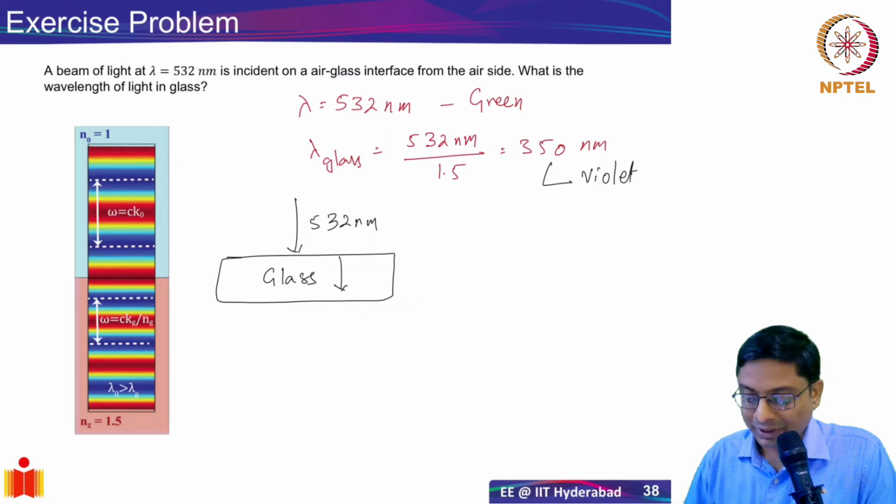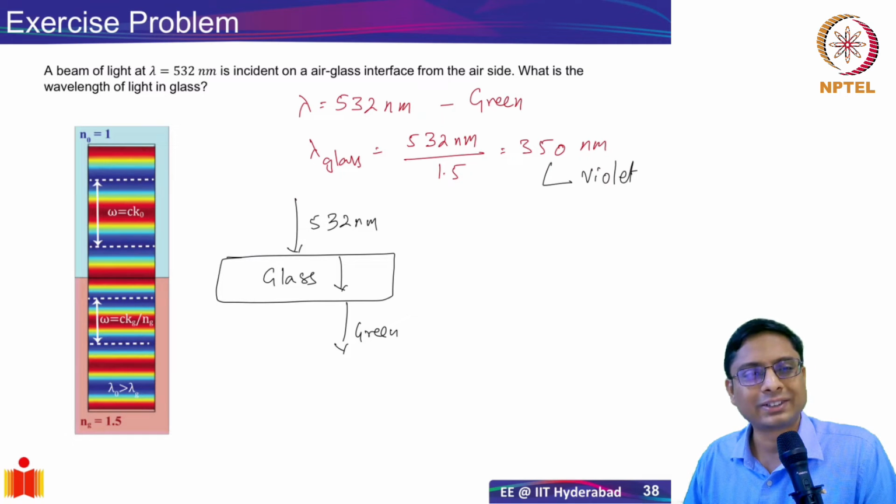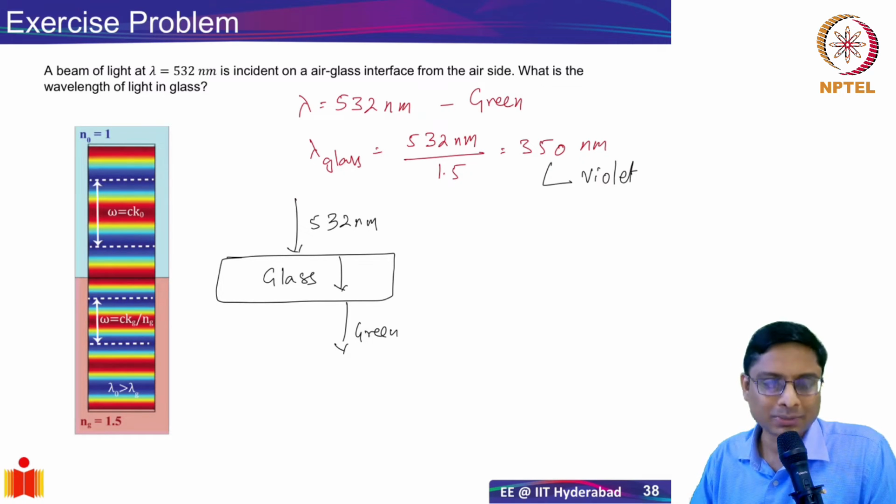And when you come out, it cannot again become green. At least with regular linear materials, it cannot happen. If you have non-linear materials, some of these things can happen, but that's a much more involved process.